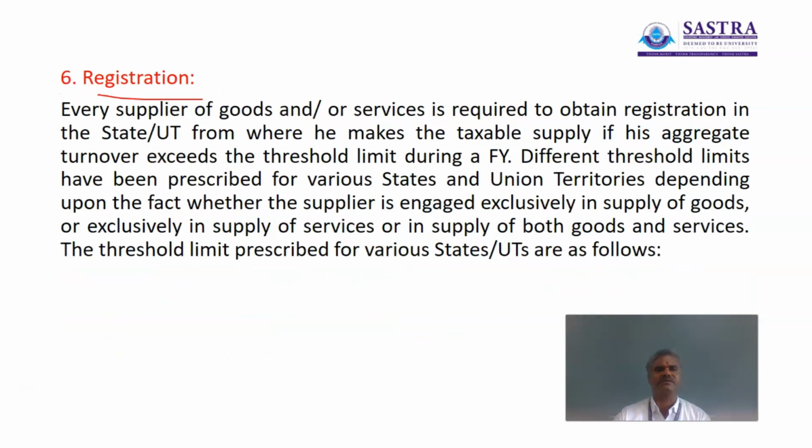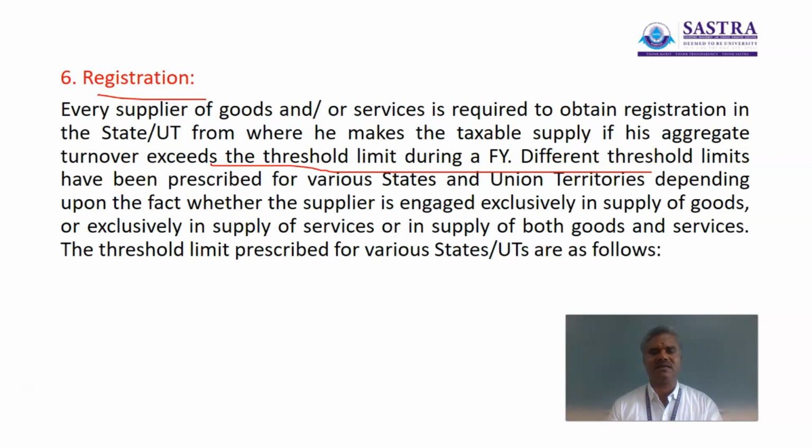Then registration. This is one of the important parts. Every supplier of goods and services has to register their business when they exceed the threshold limit during the previous year. The day they touch the threshold limit, maybe 20 lakhs or 40 lakhs of turnover, depending upon the state, they have to register their business.